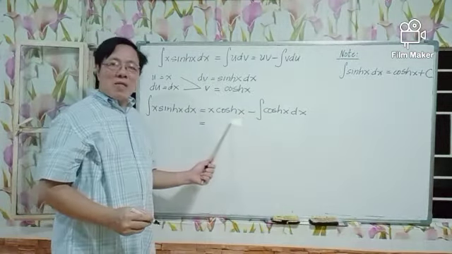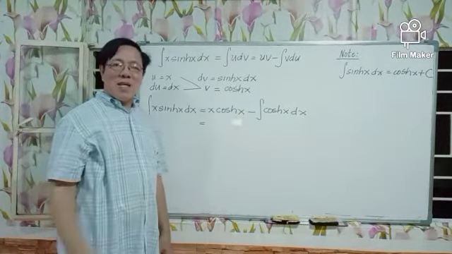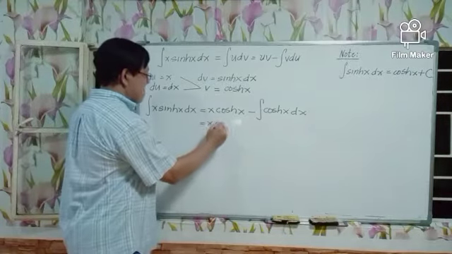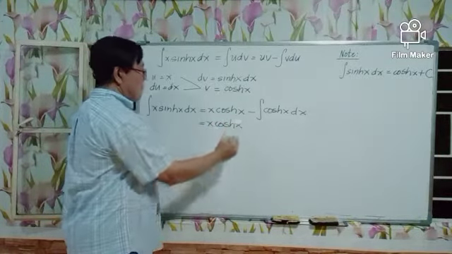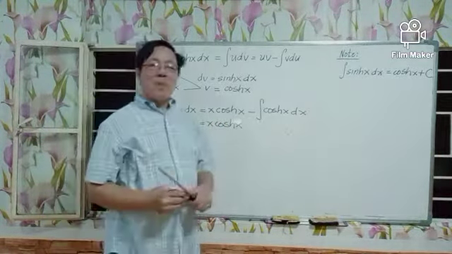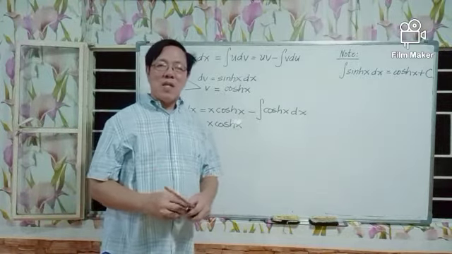The first term is x times hyperbolic cosine of x. And the integral of hyperbolic cosine of x is hyperbolic sine of x.